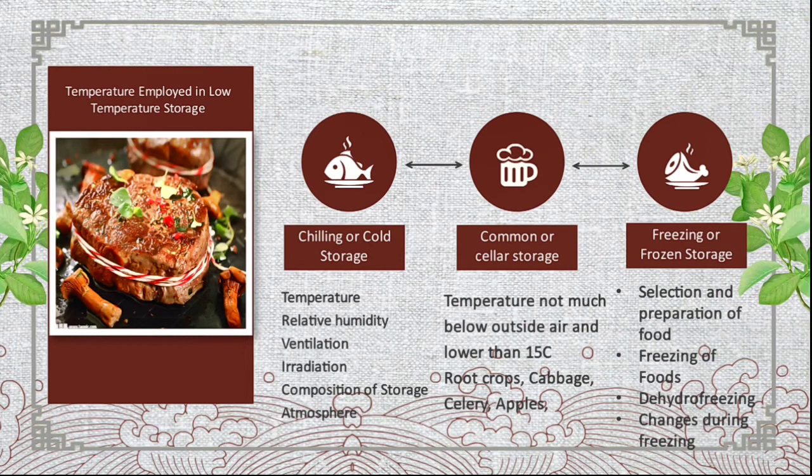It may be used as the main preservative method for foods or for temporary preservation until some other preservative process is applied. Most perishable foods including eggs, dairy products, meats, seafoods, vegetables and fruits may be held in chilling storage for a limited time with little change from their original condition.